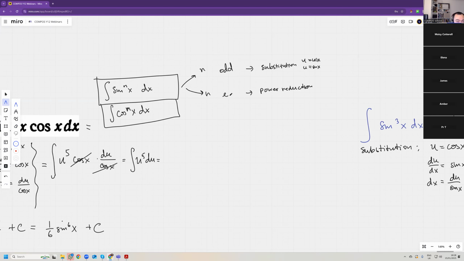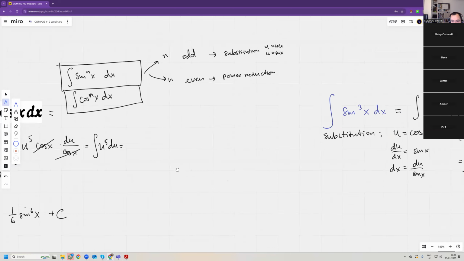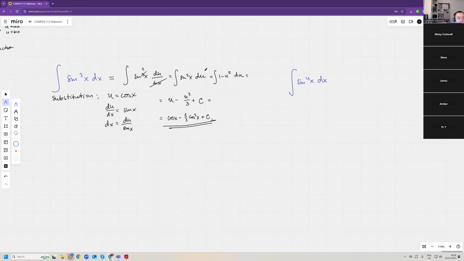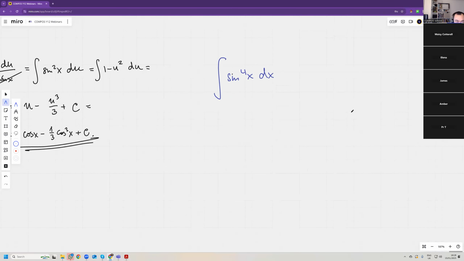If it's even, you need to use a power reduction. So this integral looks very similar to this one, but you can't use the substitution for this integral. So you have to use power reduction.